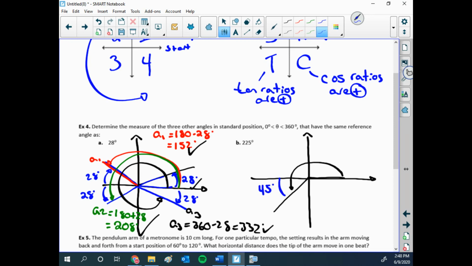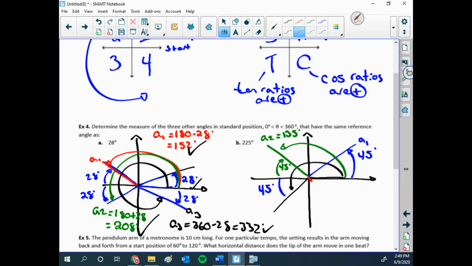So the reference angle is 45 degrees, which means if I put arm 1 here, this would be 45 degrees. If I put that same reference angle and go up to 45 degrees, arm 2 would have an angle of 180 minus 45, which is 135 degrees.